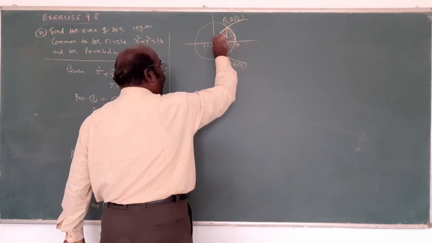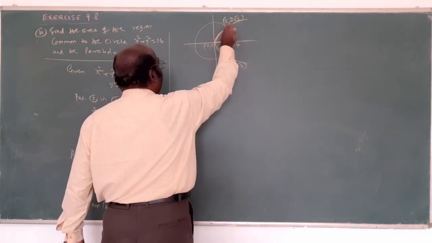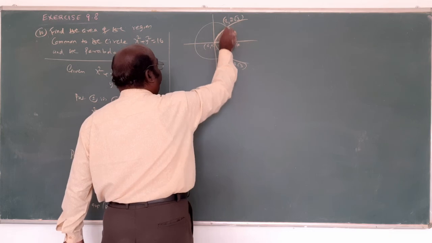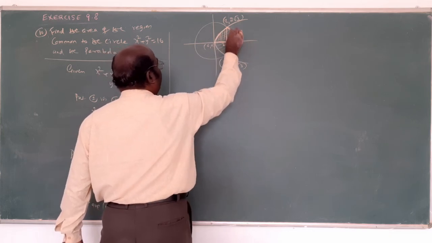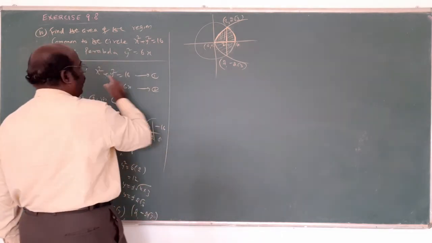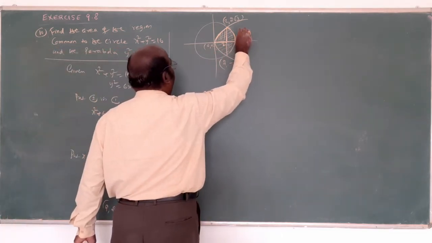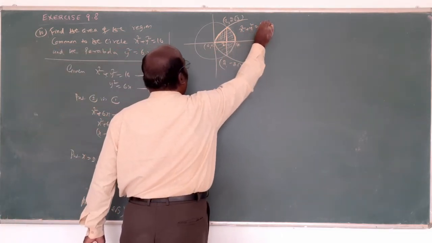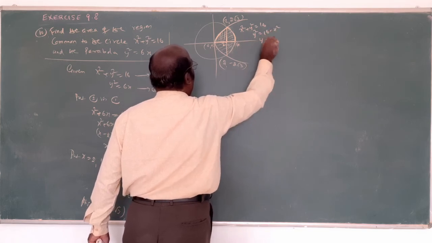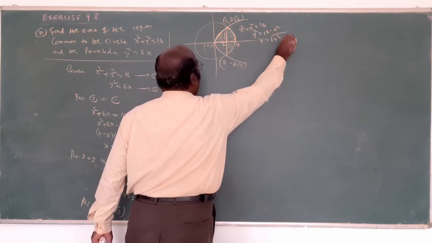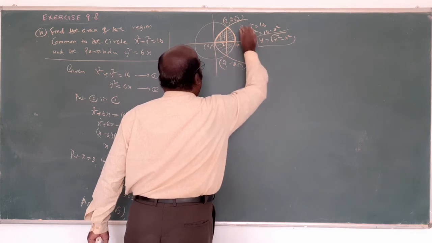Below the parabola from 0 to 2, we get this area only. Then 2 to 4 is the circle area. What is the circle? x square plus y square is 16, so y square is 16 minus x square. Again y is root of 4 square minus x square. This y is from the circle.